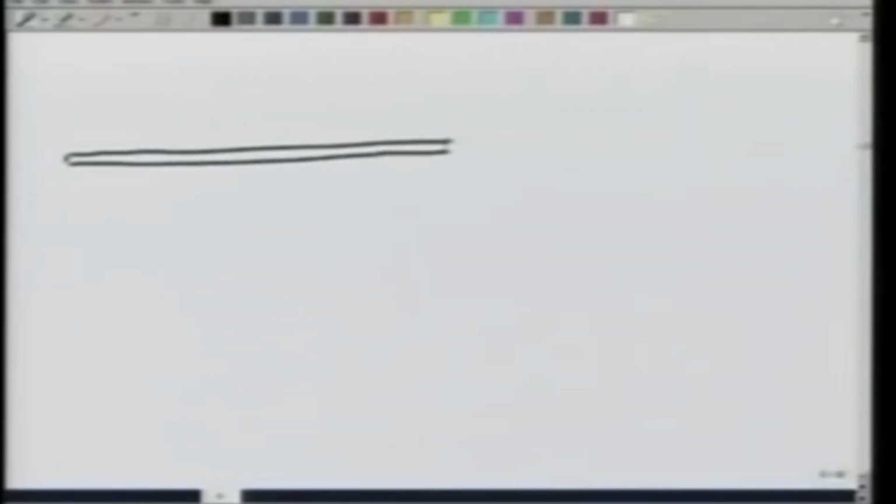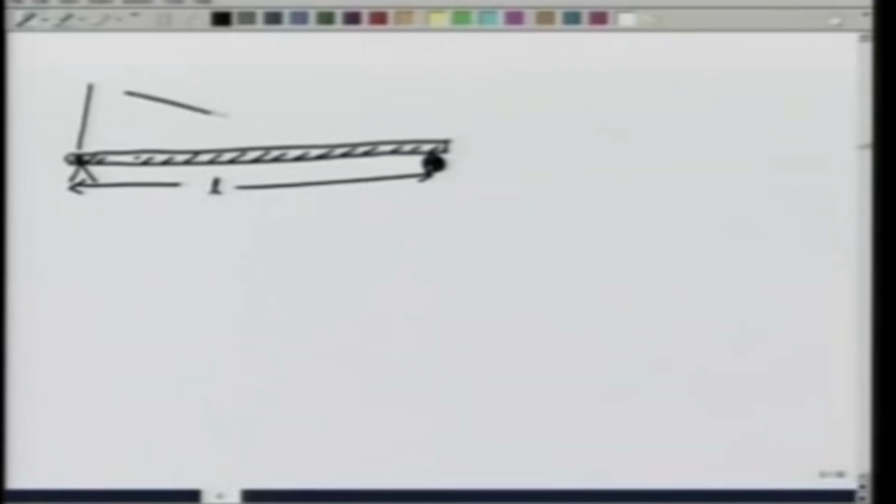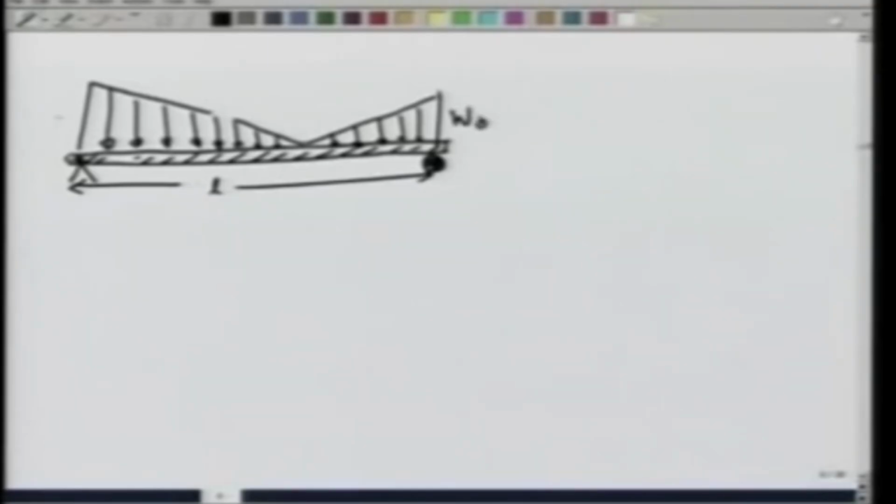Suppose I have a beam of length L, on a roller on this side and on a pin joint on this side, and it is loaded with triangular loading like this, with these being W0, W0, this length being 2L by 3 and this length therefore being L by 3.